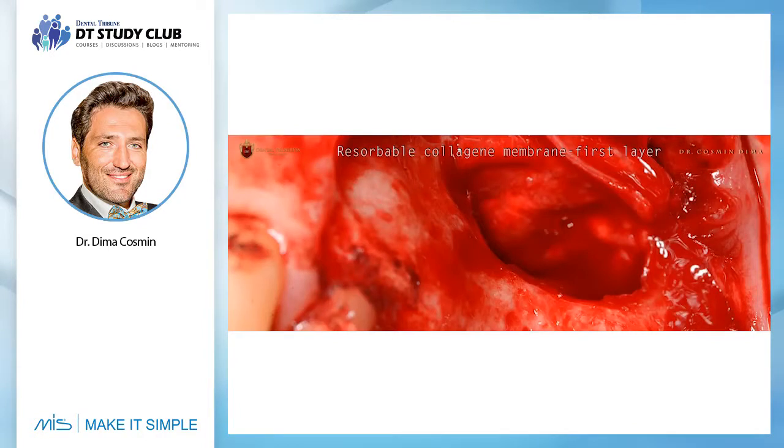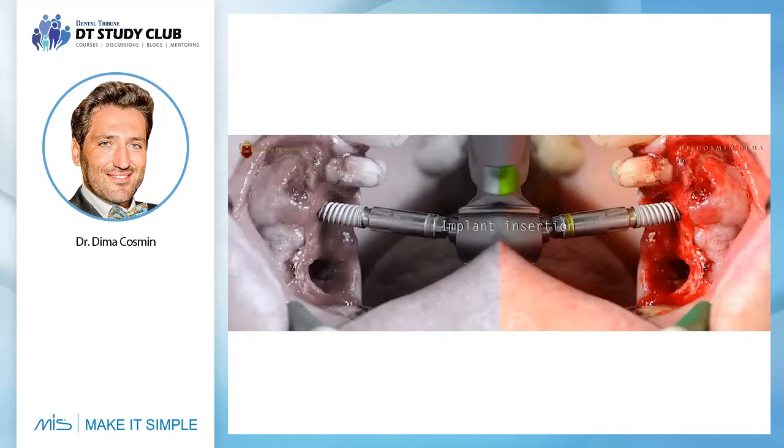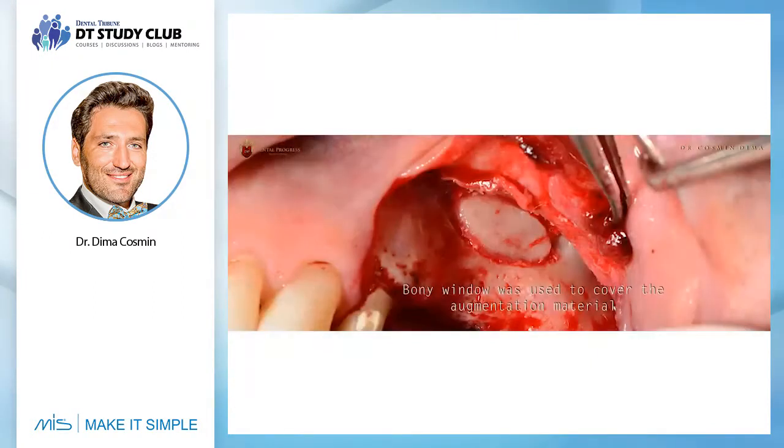Like you can see here, we put the collagen membrane, the first layer, because in these kinds of situations we use 2 layers. After that, we make the osteotomy, and then we put the membrane, the second layer, the bone, and insert the implants.